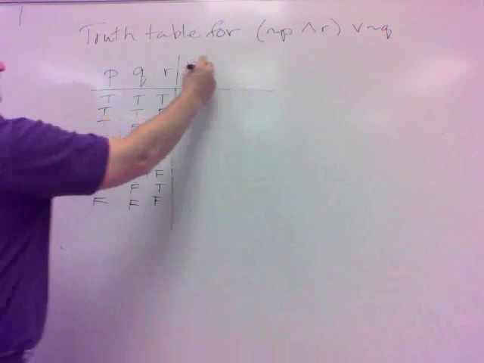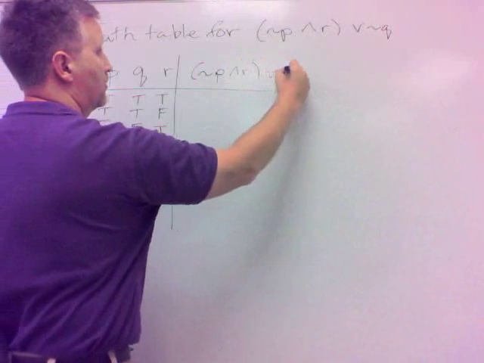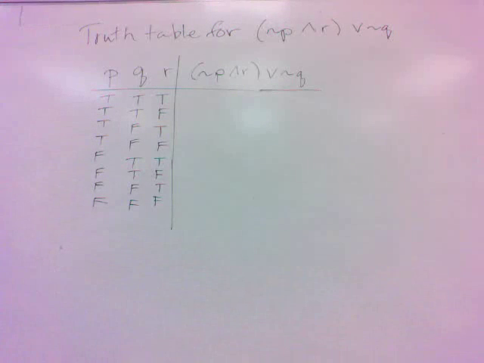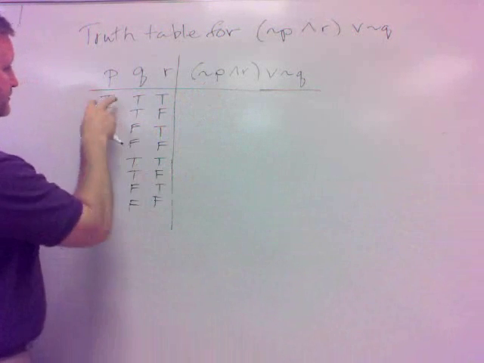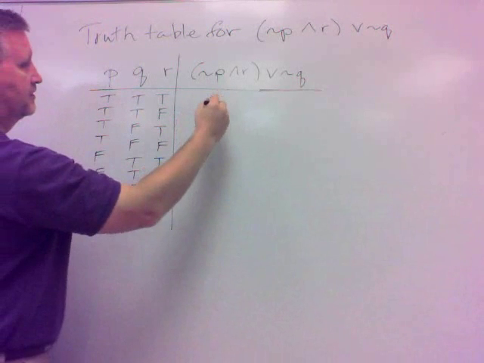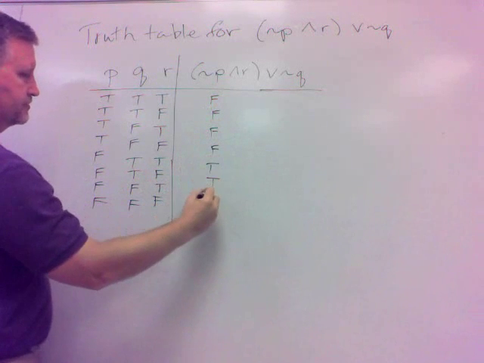Okay, so then we do the statement: not P and R, or not Q. All right, so let's put not P, put its values all the way down. So that's just the opposite of the P column. That's 4 falses, and then 4 truths.